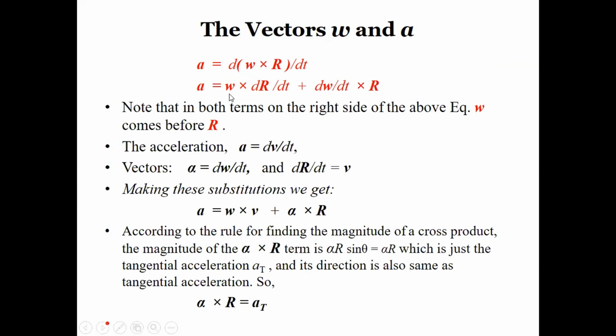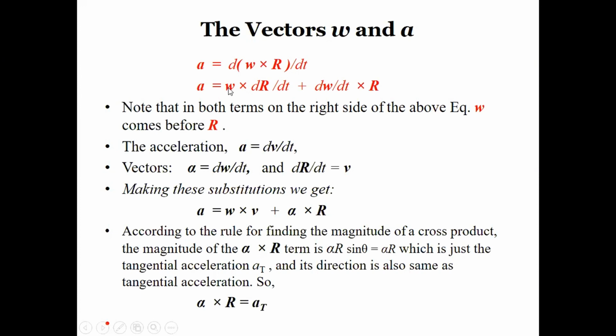I open this: I take omega as it is in the product, and then I take the derivative of r first. So dr over dt is shown. In the second term, I take the derivative of omega first, d omega over dt, and then take the cross product with r. Note that both terms have omega on the left and r comes afterwards.